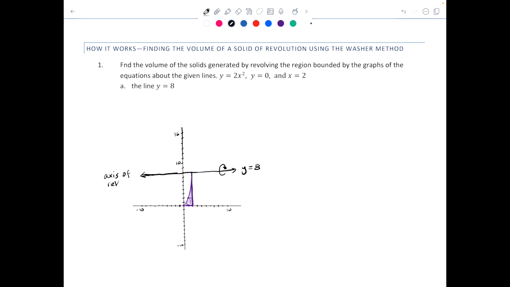Okay, so for this one, remember our little ghost shape. So this is a length of 8 up here at x is 2, and then maybe a point right here. Oops, sorry.